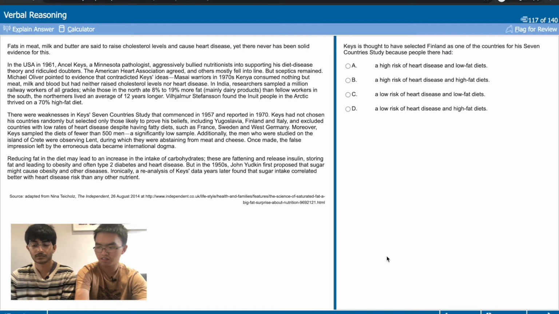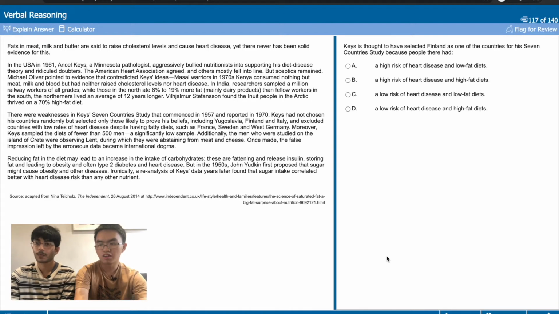The second paragraph is talking about the evidence, a particular study, the key study. The third paragraph is talking about the weaknesses of the study. And the last paragraph is talking about the consequences, like the long-term research, long-term knowledge, etc. So that just makes it easier to look for the information in the passage.